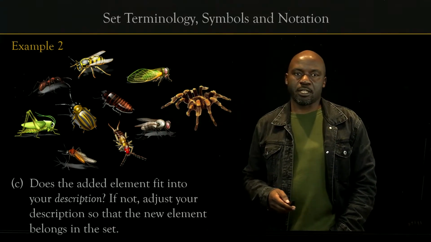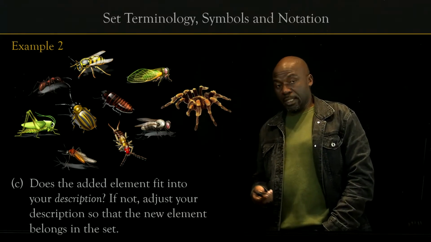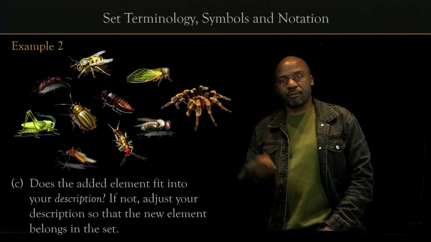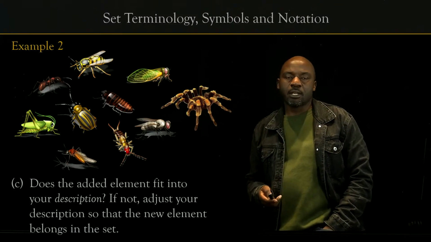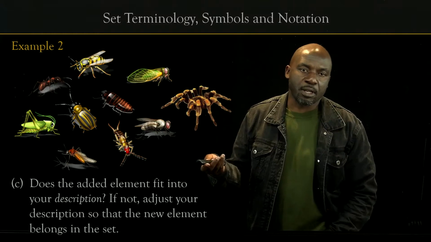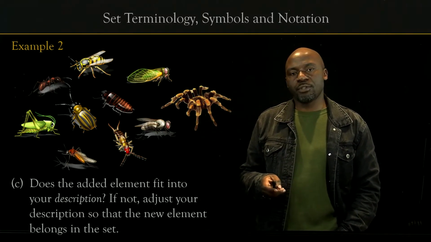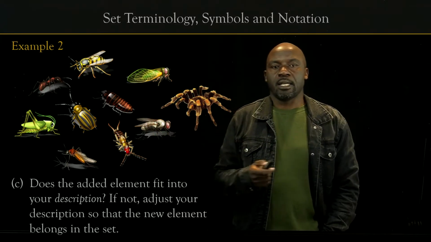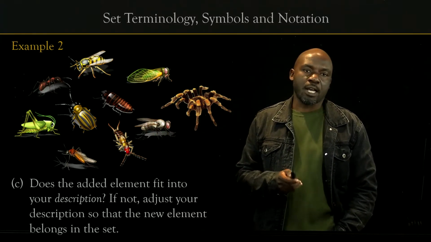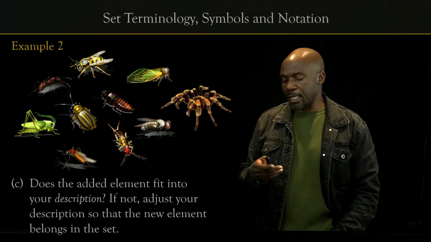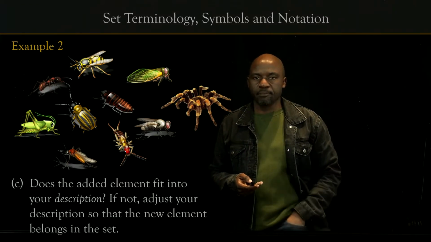And if it changes the description, can you adjust your description so that whatever you have applies to all the elements? So if you said something like they are crawlers, then the description does not change. But if you said they were 6-legged insects or animals, then your description is going to have to change because the spider there has got 8 legs instead. Okay?